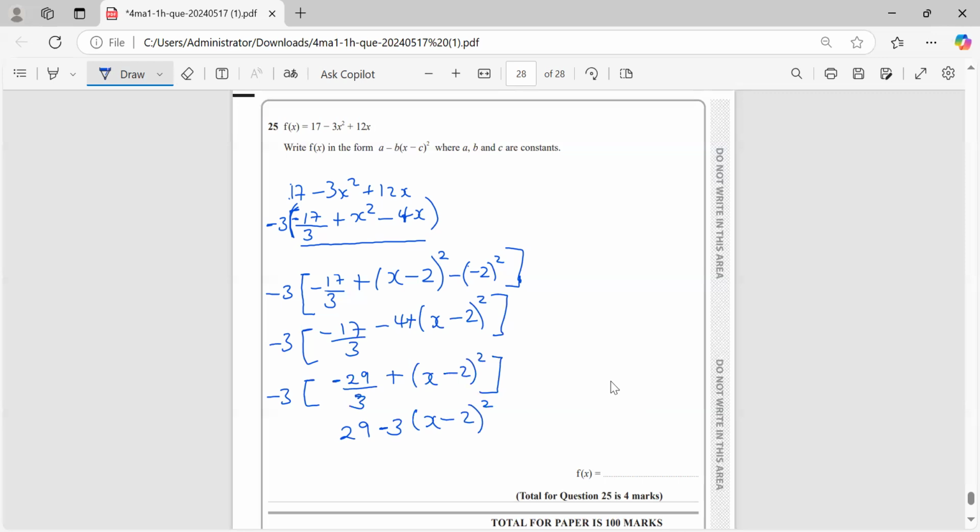So this is your answer. The value of a is going to be 29, the value of b is 3, and the value of c is actually 2. So you now have 29 minus 3 times x minus 2 squared.